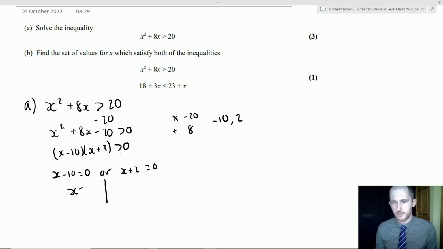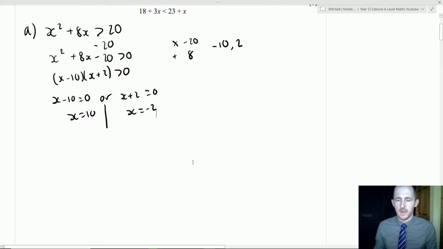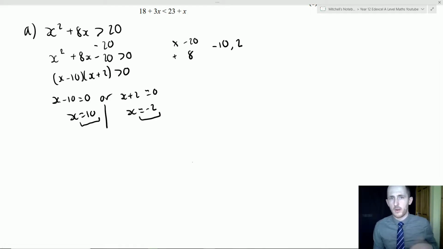So x is either equal to 10, or x is equal to minus 2. And now, of course, the question is, we have an inequality, not an equals sign. So it can't be equals.